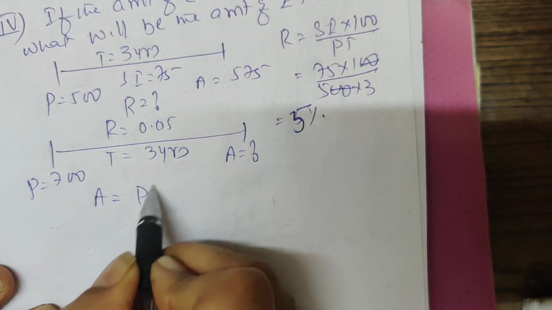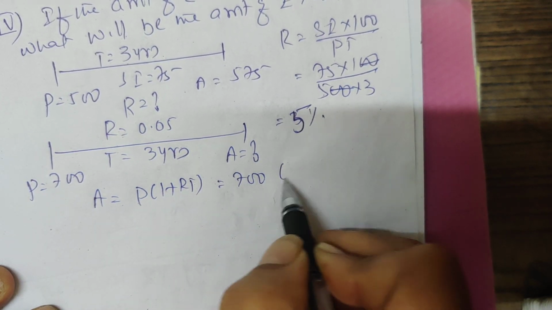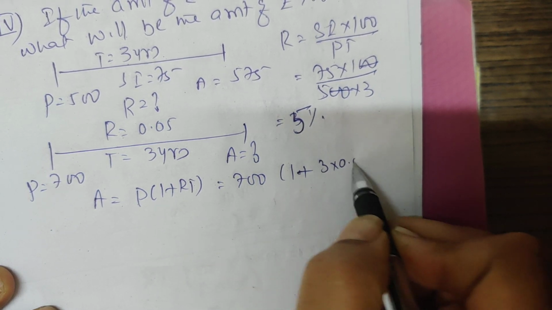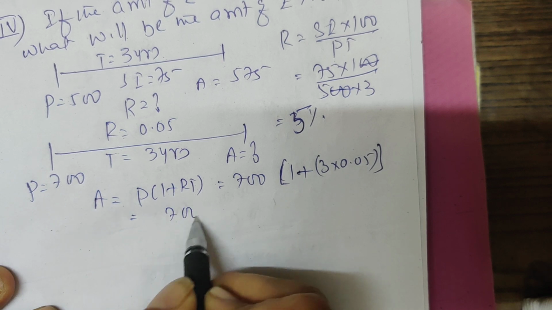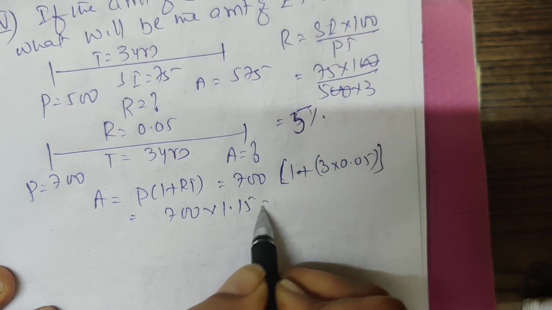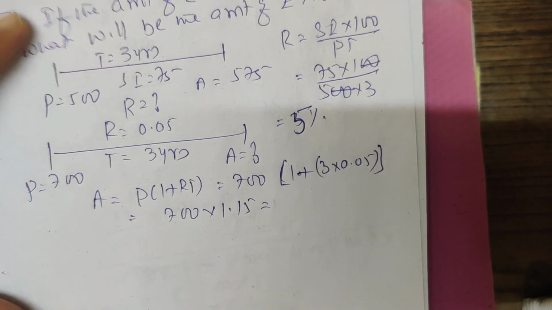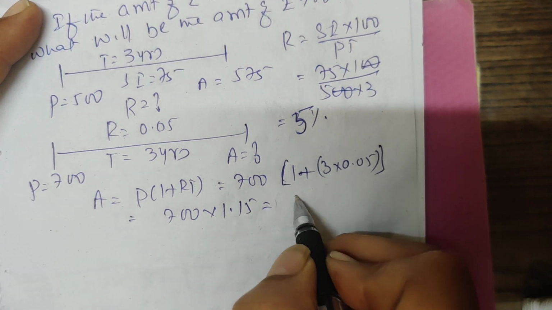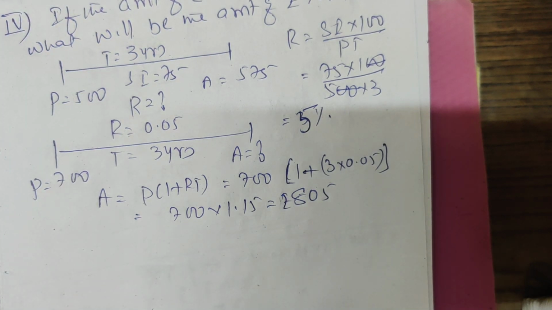Amount is equal to principal into 1 plus RT, 700 into 1 plus 3 into 0.05. This is 700 into 1.15, 805 rupees.